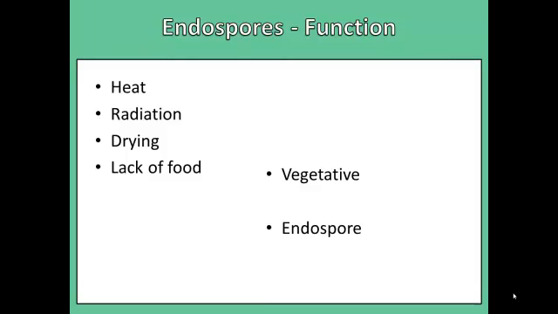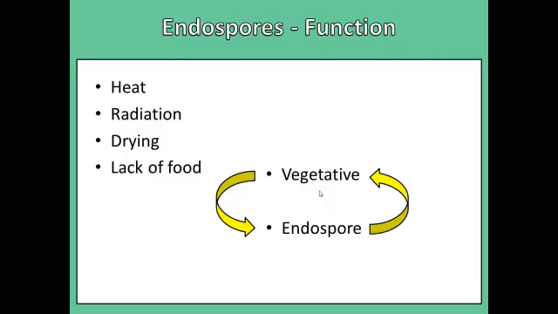The vegetative phase, or stage, is the growing, eating, and reproducing stage. When times get tough, such as if the environment starts to dry out or if food runs low, the vegetative cell will form an endospore. The endospore is the resting stage with very low levels of metabolism. That's part of what makes it so resistant to everything. It's sort of in suspended animation for you sci-fi aficionados out there.